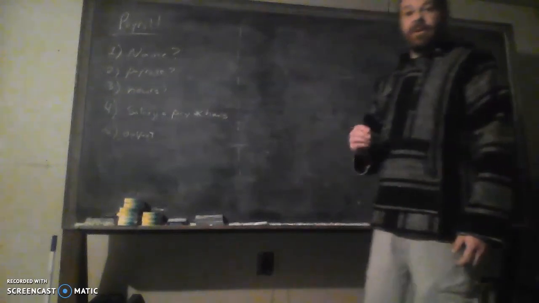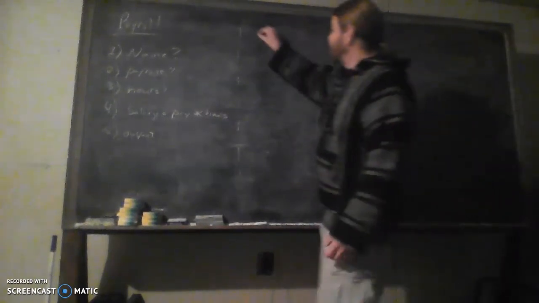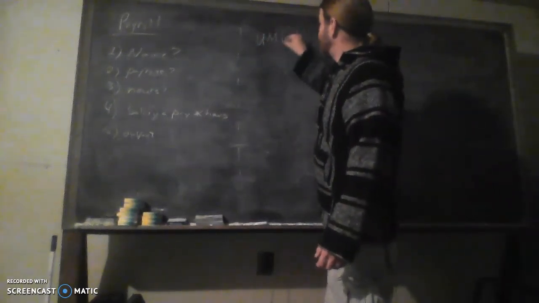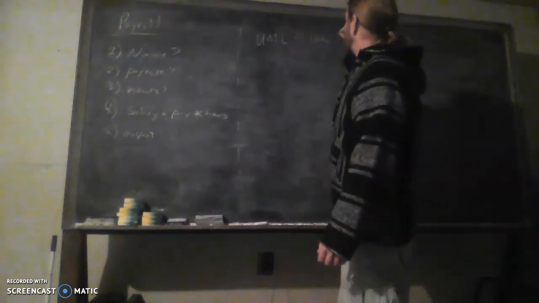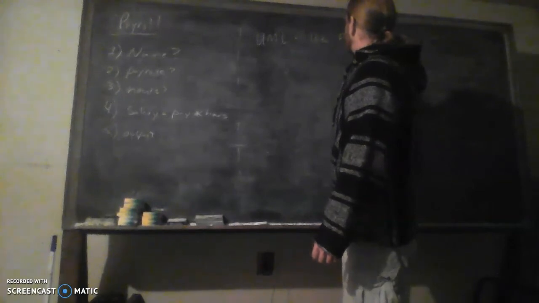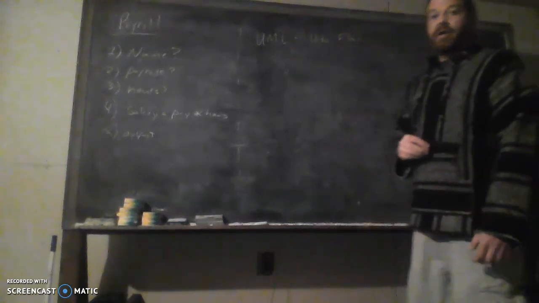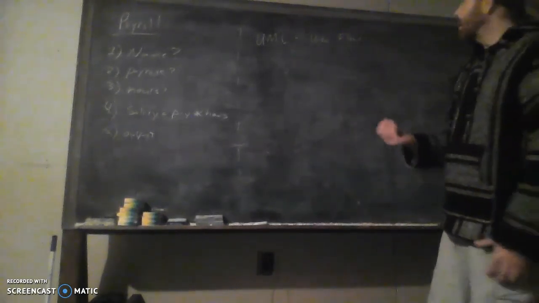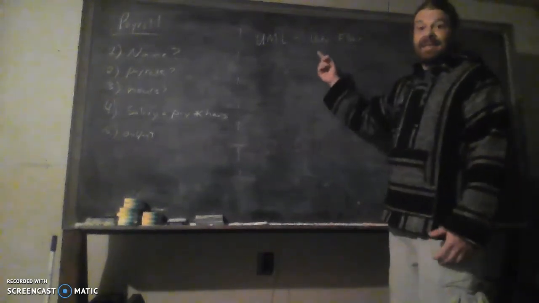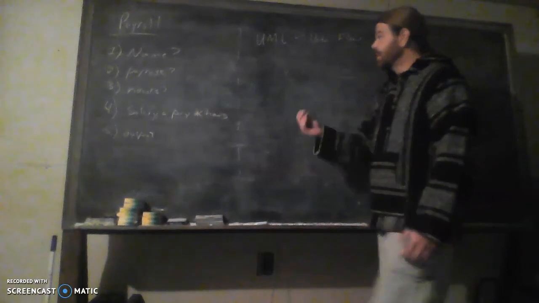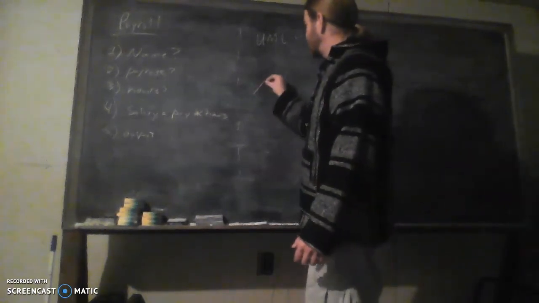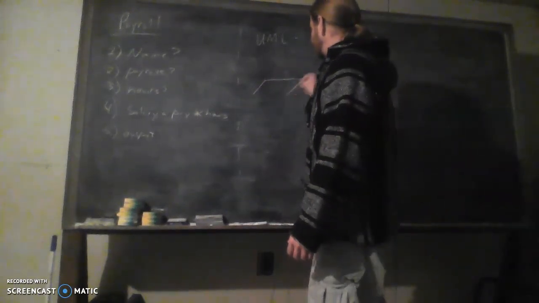Before we get over there, though, I want to talk about another UML diagram. UML data flow diagrams. And like the name indicates, this is just a diagram to show how the data flows through the program. So in this case, we have a couple of inputs.